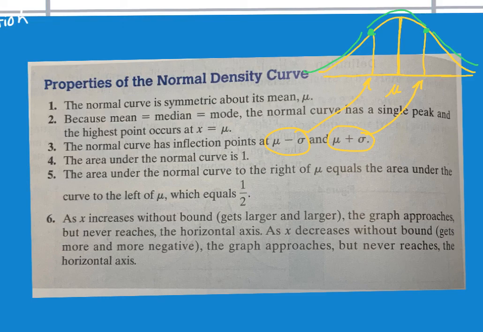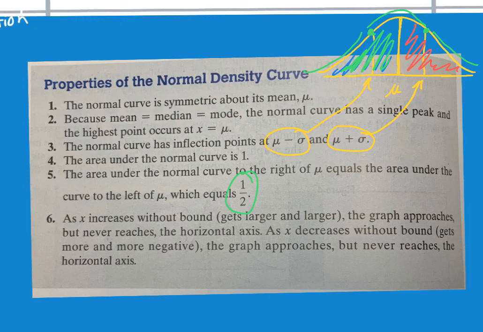The area under the normal curve to the right of mu equals the area under the normal curve to the left of mu. Boy, that didn't show up either. Okay, everything is mirrored on the other side. Okay, and in each case, that equals 1/2. If the area under the whole curve is 1, the area of half of it is 1/2.